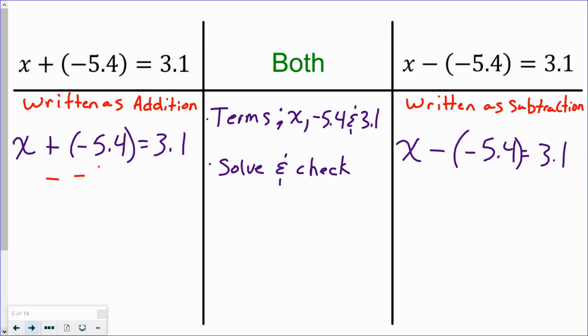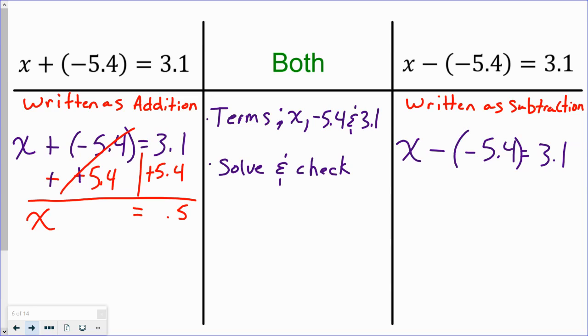But remember we have a negative number, so now we have to add the opposite. So I am really adding a positive on both sides of the equal sign to keep it balanced. These now cancel, I'm left with my x, and then I add these two numbers together to get that x is 8.5.